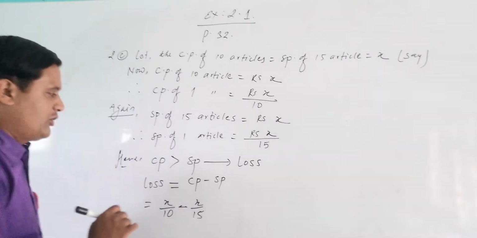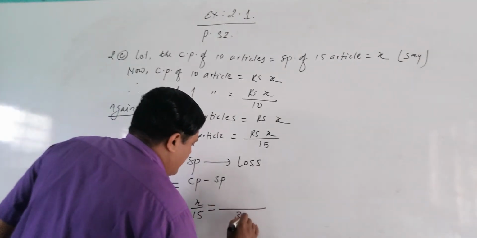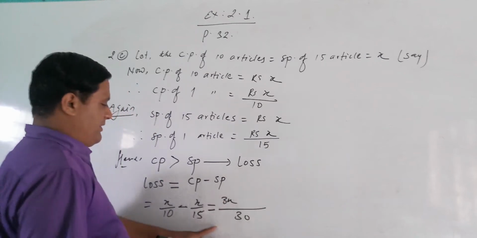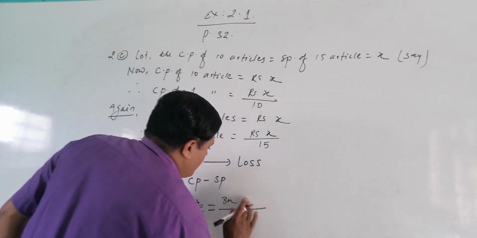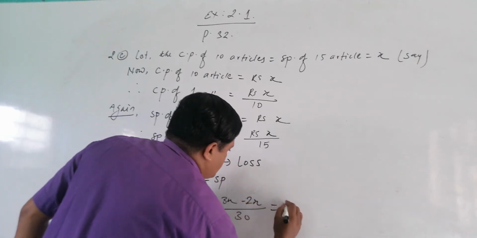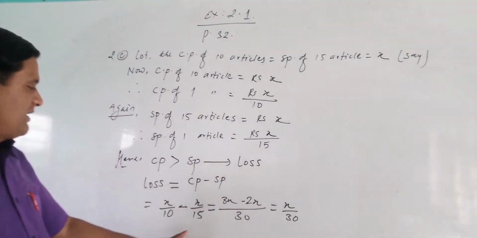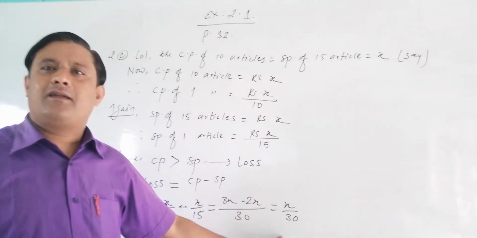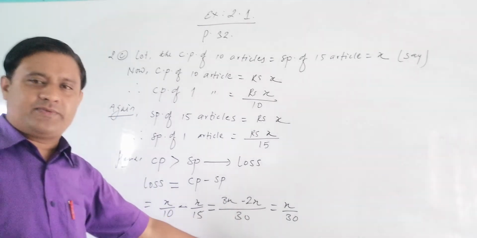At that time also, I told you to take the LCM. 30 is here: 10 times 3 is 3x, 15 times 2 is 2x. 3x minus 2x equals x by 30. So x by 30 is the loss.